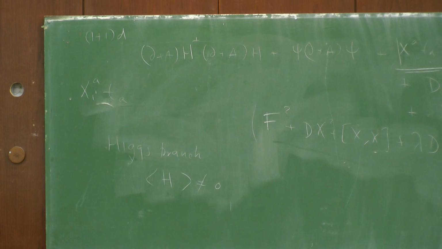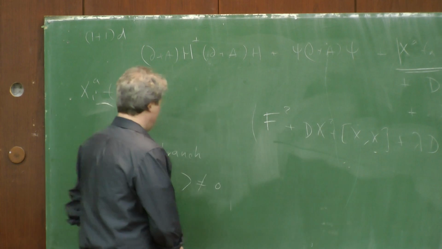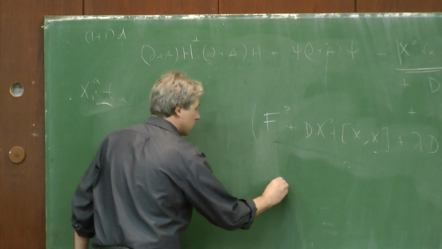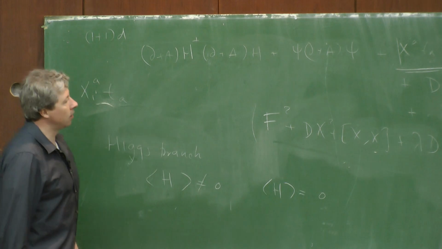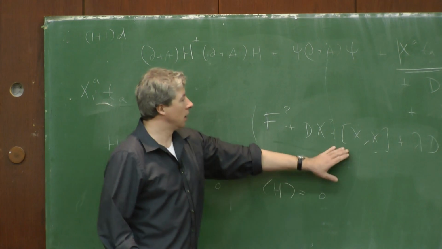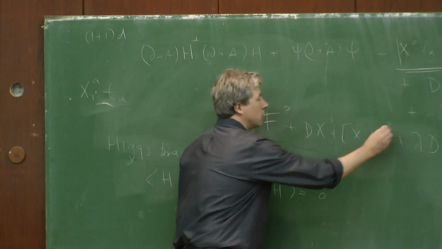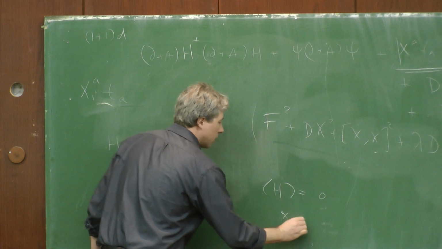So this position, this distance, is measured in terms of the parameters X, but they can only acquire expectation values when H is zero. But then we also have to include the dynamics of these variables X. And then you have these terms. So the Coulomb branch is described by the xi's being non-zero.